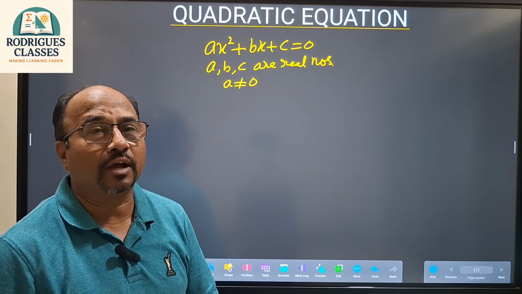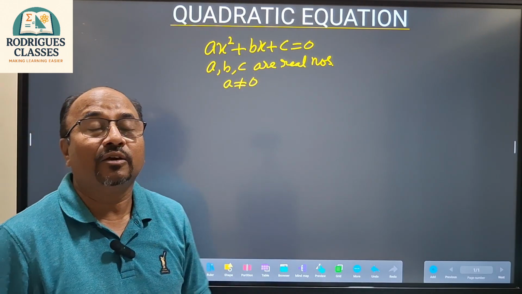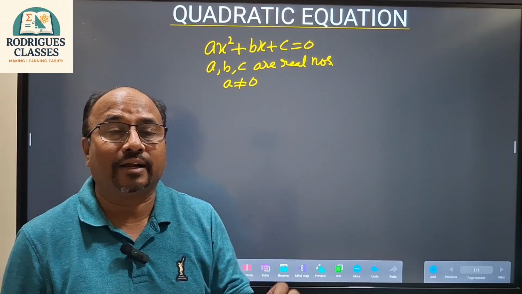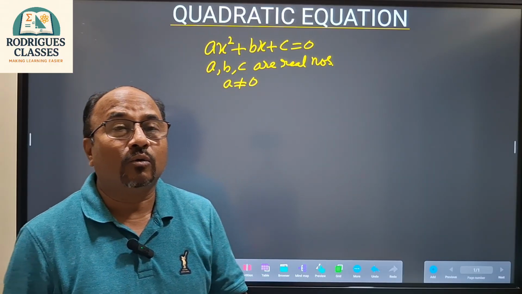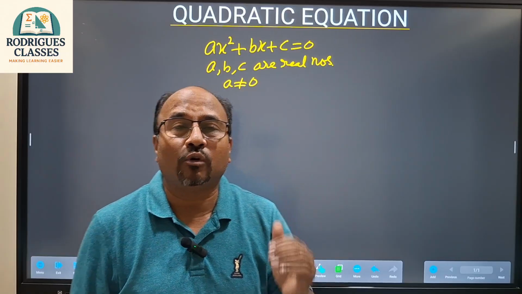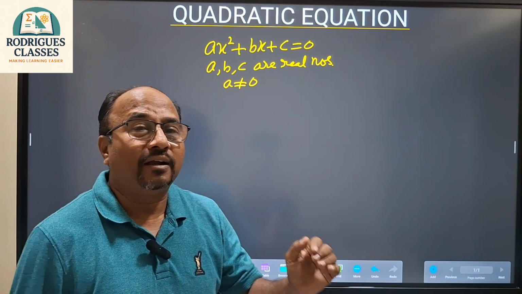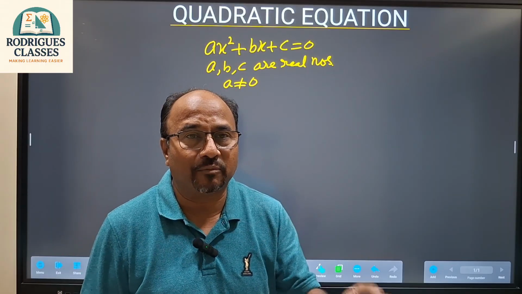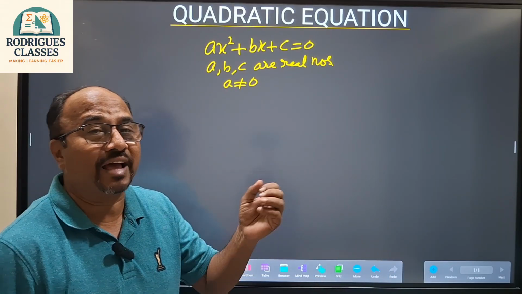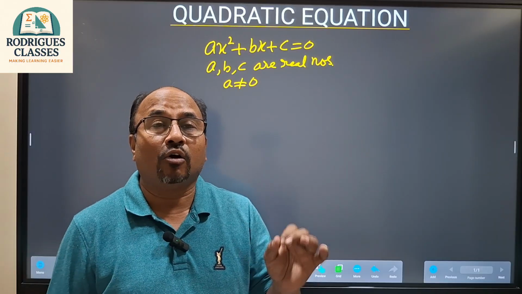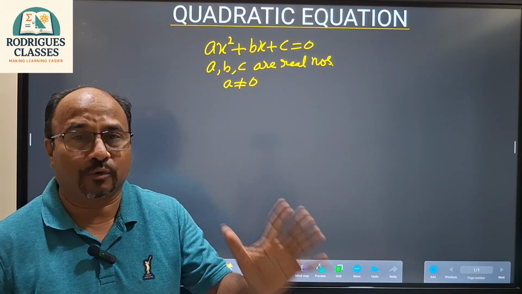So a should not be 0 and a, b, c should be real numbers, then only it is a quadratic equation. Now if we substitute a value of x and we get 0, that value of x which we substitute to get the equation as 0 is called the root of the equation or the solution of the equation.